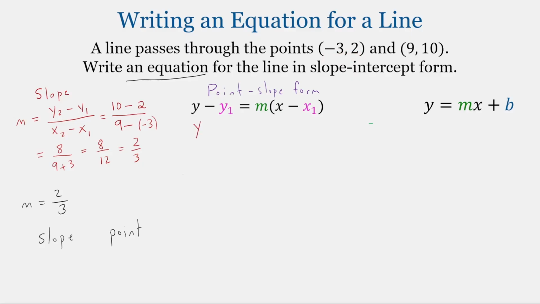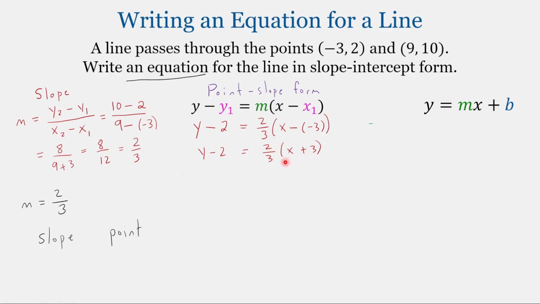So this is y minus, so y sub 1 is 2, equal to, we have a slope of 2/3, x minus, and then our x coordinate value is -3. This is y minus 2 equal to 2/3 x plus 3.